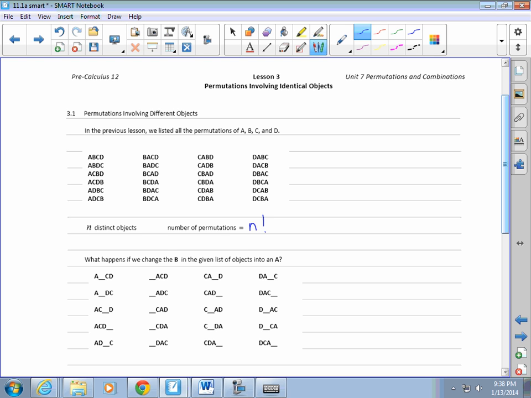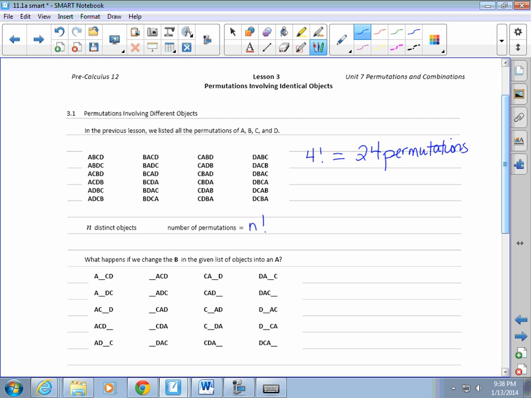For this one, we had 4 factorial ways. We had 4 letters, because the first choice we had 4, then 3, then 2, then 1. So 4 times 3 times 2 times 1 is the same as 4 factorial, so we had 24 permutations. That's what we did in the last section.